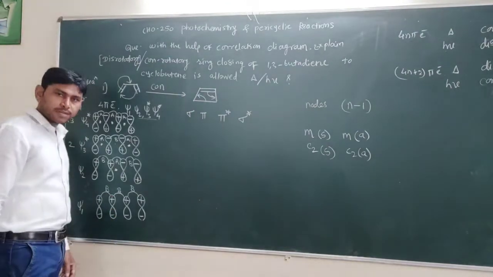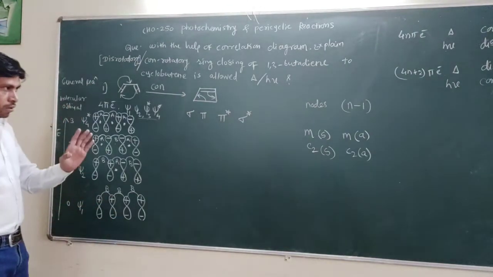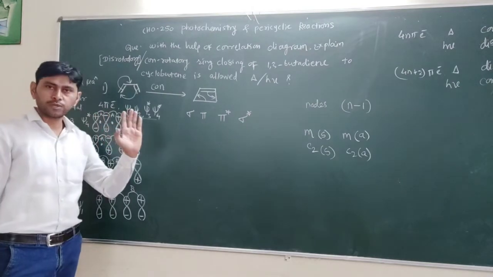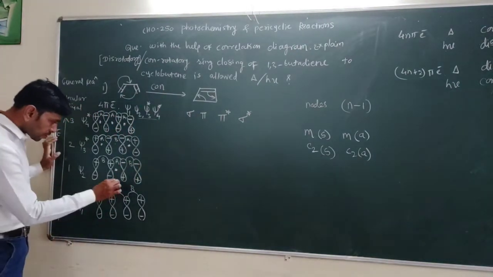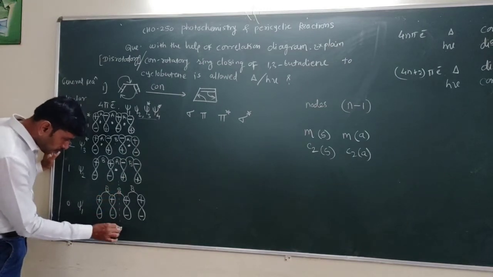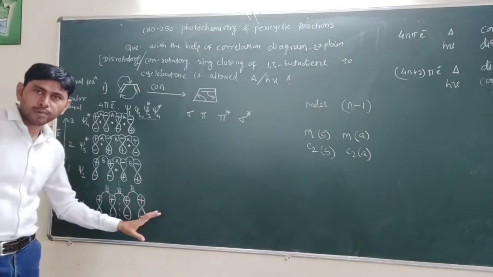Now, first see how we observe the mirror plane. M symmetry means mirror plane. So we pass the plane through the center and fold the orbitals.